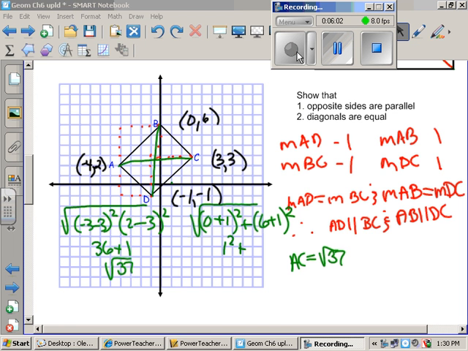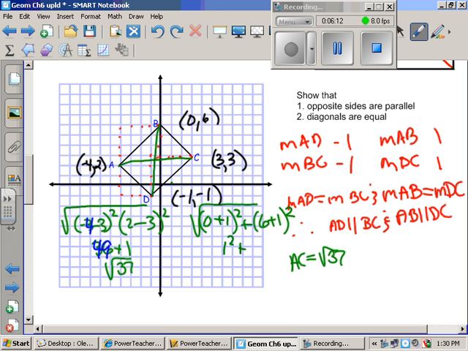Okay, so I accidentally said this was negative 3. It's negative 4 here. So this is actually 49 plus 1, so that's 50. So here I've got the square root of 50. Over here, 1 squared plus 7 squared is 1 plus 49, which is the square root of 50.